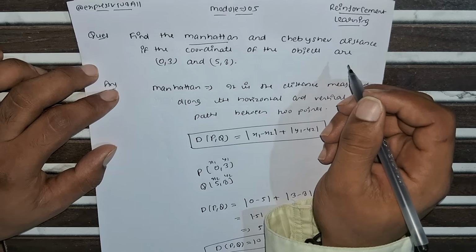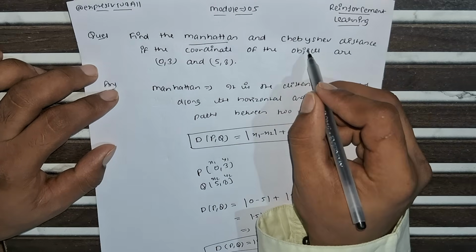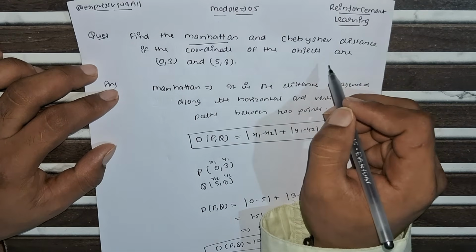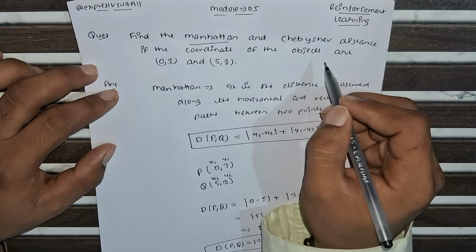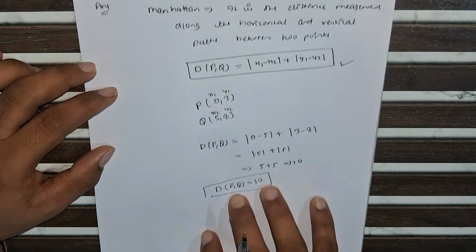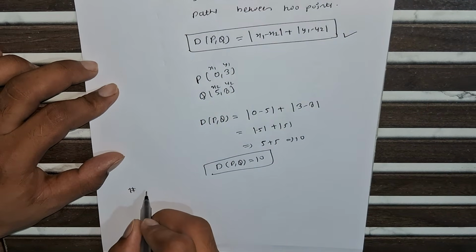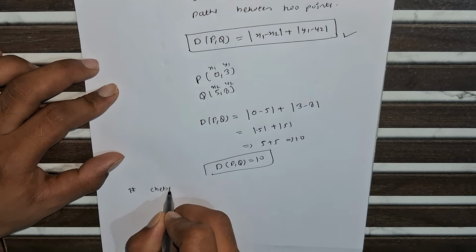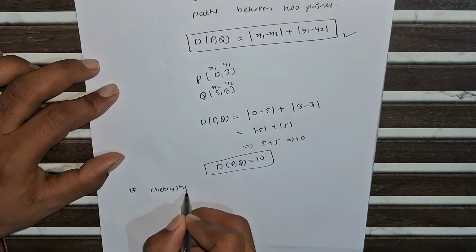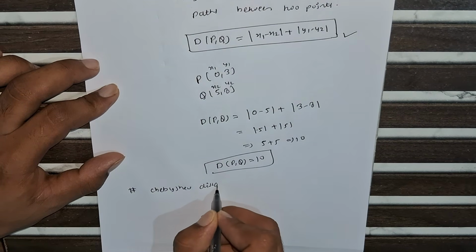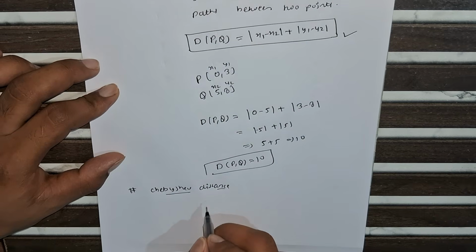Now move to the second one, where we have to calculate the Chebyshev distance. Before calculating this distance, we need to understand the meaning of Chebyshev distance. What does it mean?